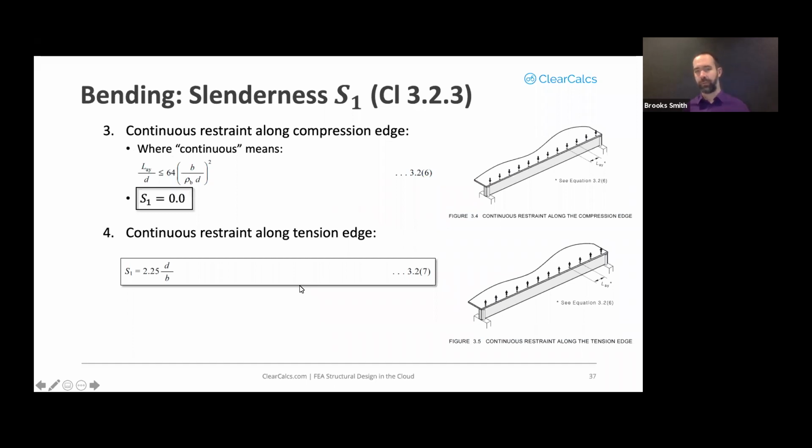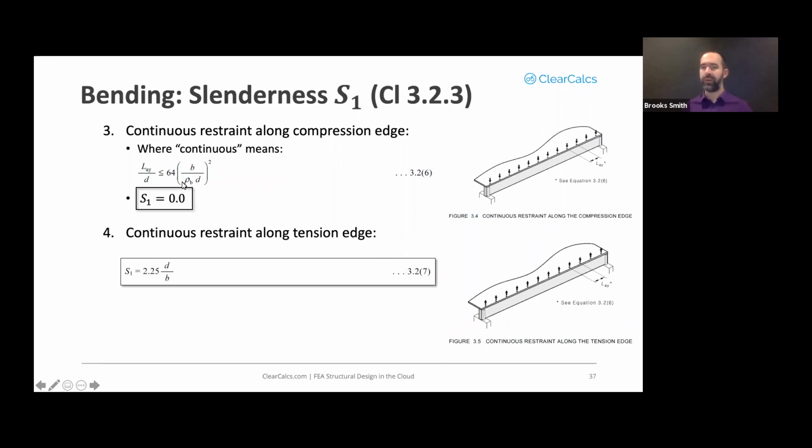Next, if you have continuous restraints. Now, very few things are actually purely continuous in timber. Probably you have nails or screws at some discrete spacing, but if that spacing is frequent enough, it qualifies as continuous. So the standard gives you a formula: if your L sub AY over D is less than or equal to 64 times the B over rho BD squared value, then it counts as continuous.